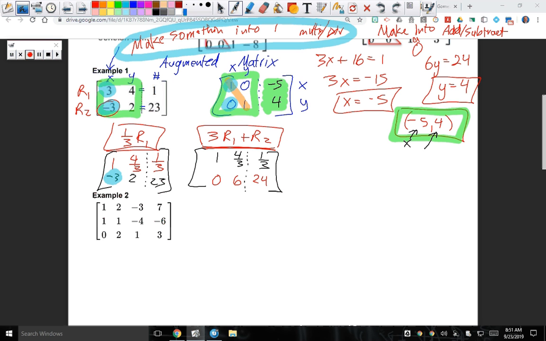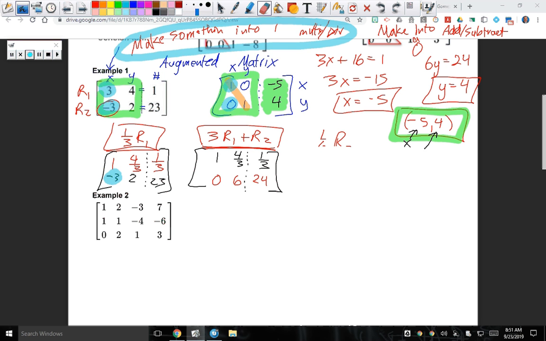So I'm going to take row 2, and I'm going to multiply it by 1/6 or divide by 6. Same thing. You with me? So I like to put multiplication. And those of you who don't like fractions, you gotta jump. You gotta come to the light. Okay? 1/6 of row 2.